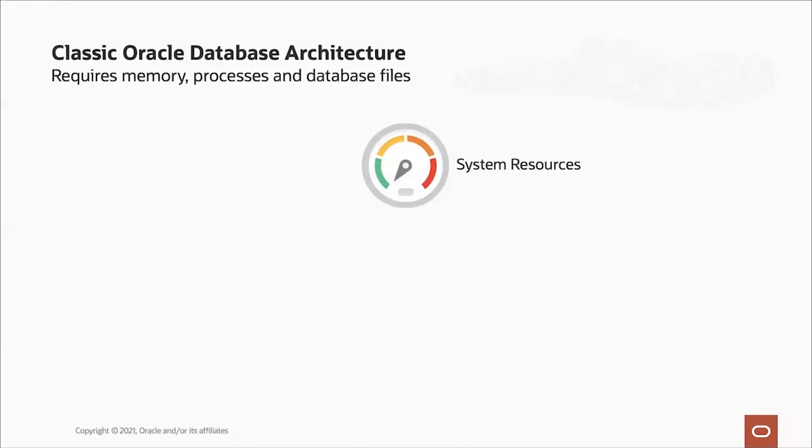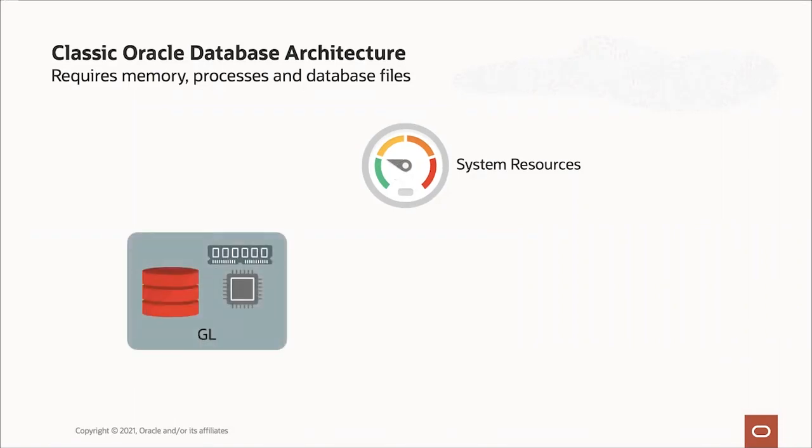Let's go back to the old architecture of the database before multi-tenant, and this classic or non-CDB database architecture. Think about what happens when you provision a new database. Well, obviously we've got a set of files on disk to store all the data, but when we fire the database up, we've got an SGA, the system global area, the memory area in which all of this data is managed.